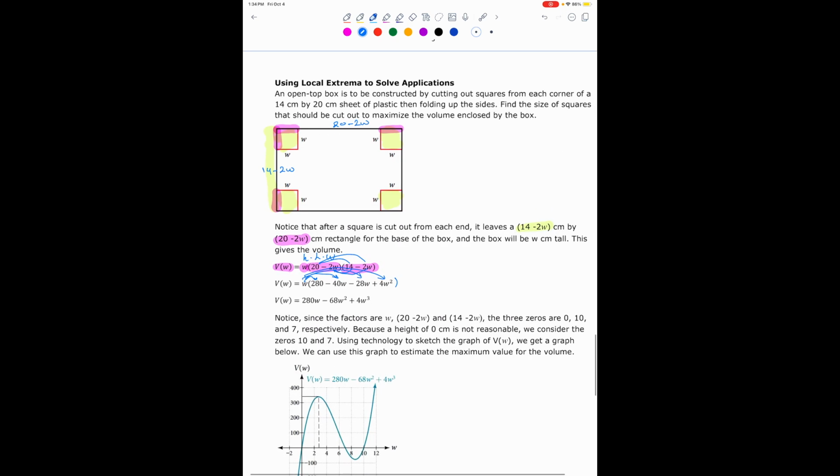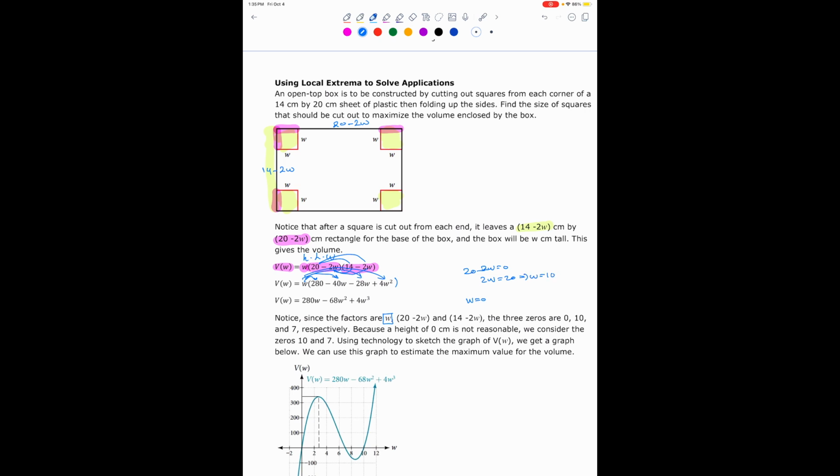Notice that the factors are w, 20 minus 2w, and 14 minus 2w. And the zeros: the first is w equals 0. The second zero is 20 minus 2w equals 0, and then solve. 2w equals 20, which gives w equals 10.